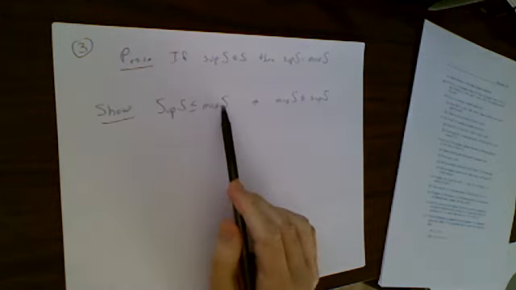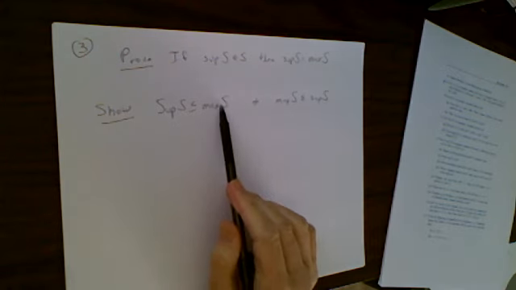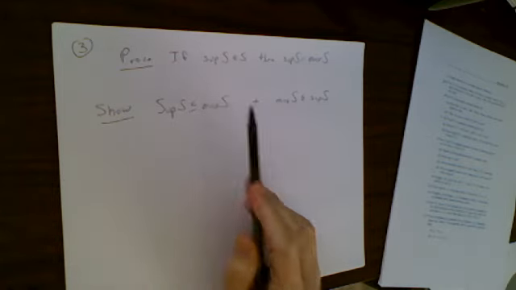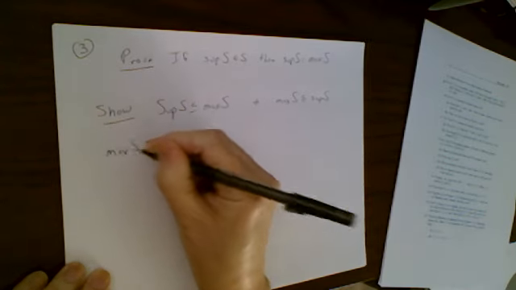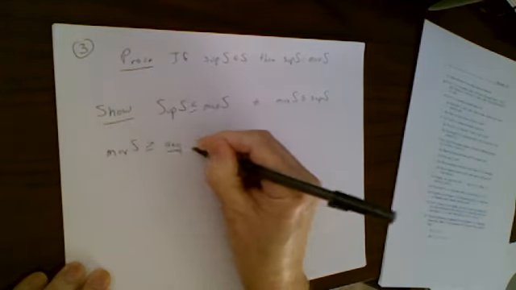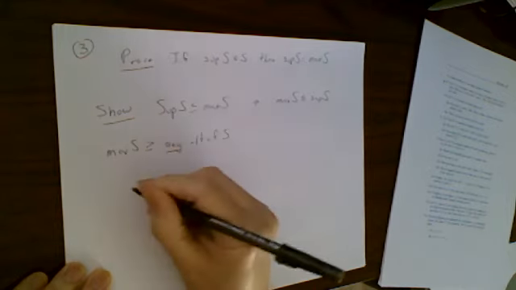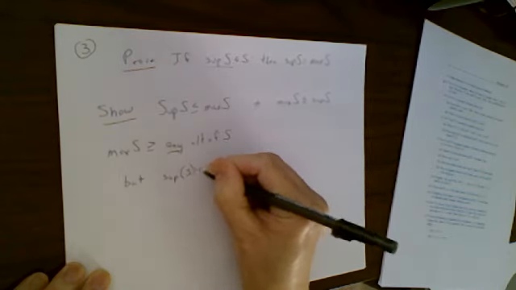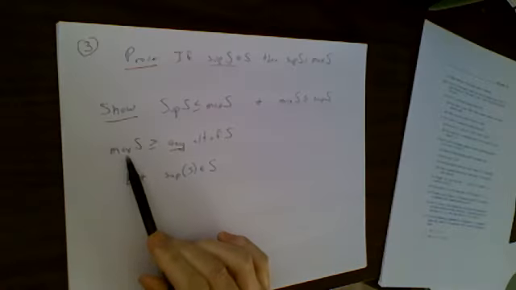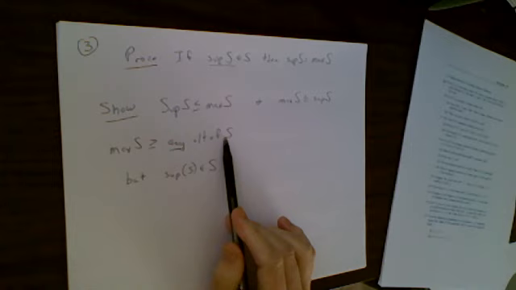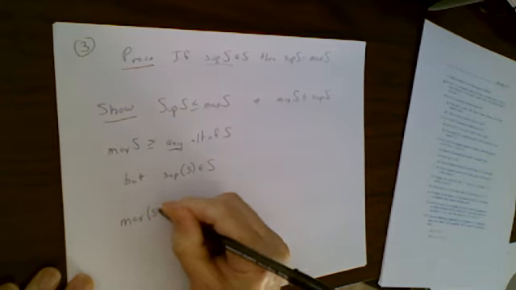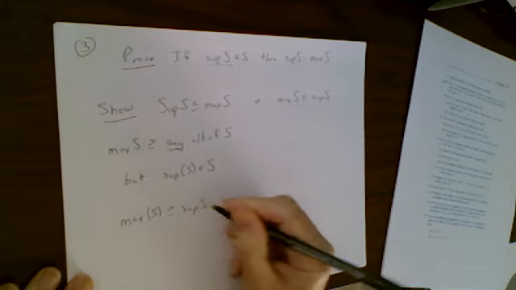Well, let's think about this. The maximum element of S is the biggest element of S, so it's bigger than or equal to any other element of S. So max S is greater than or equal to any element of S, but in this particular case, the supremum belongs to S. So if the max is bigger than or equal to any element of S, well, that's certainly true of the max, but the supremum is one of the elements of S, then the max is greater than or equal to the supremum.